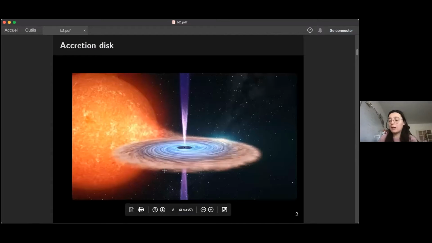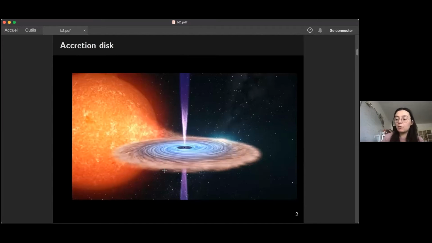So accretion disk. I'm sure many of you know that there exist different theoretical models to describe the accretion disk system. They are divided in different categories due to their thickness, their optical depth, or their mass accretion rate. Some well-known models are known as the thin disk model, the ADAF, the slim disk, or the thick disk model.